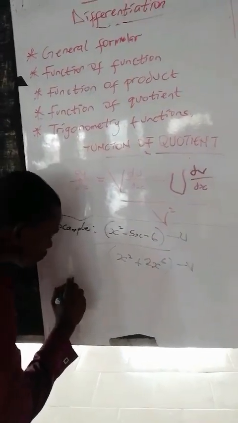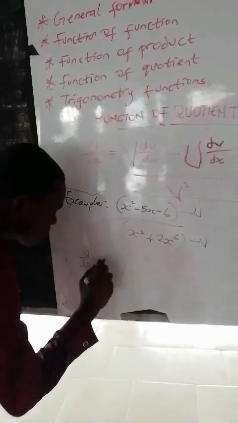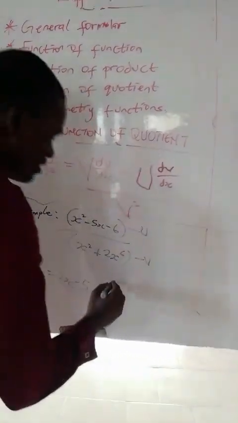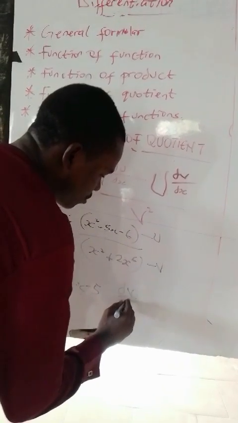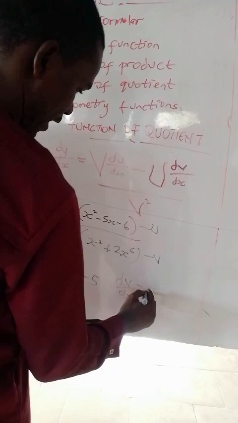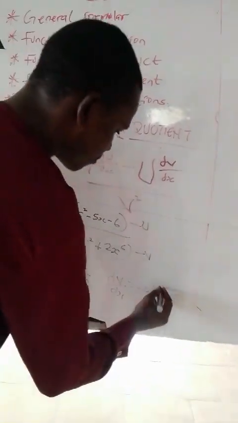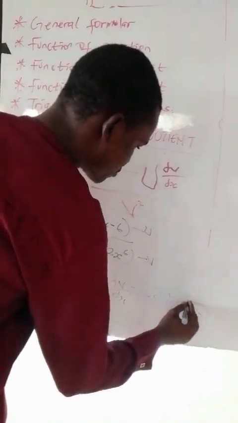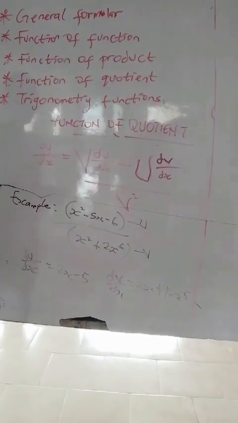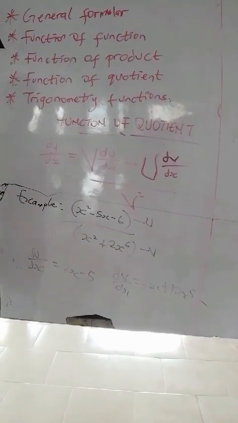So my du over dx will be what? You differentiate this, which is 2x minus 5. Then my dv over dx is 2x plus 12x raised to power 5. I think you understand.